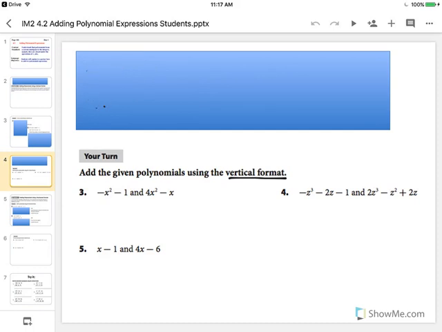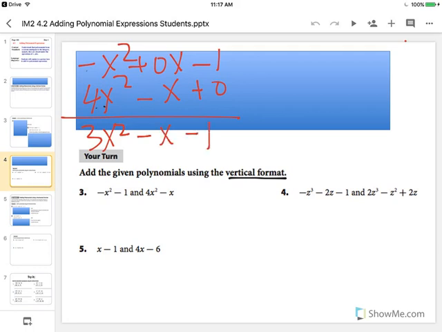So let me rewrite this. So now we can combine like terms. So this gives us 3x squared minus x minus 1.